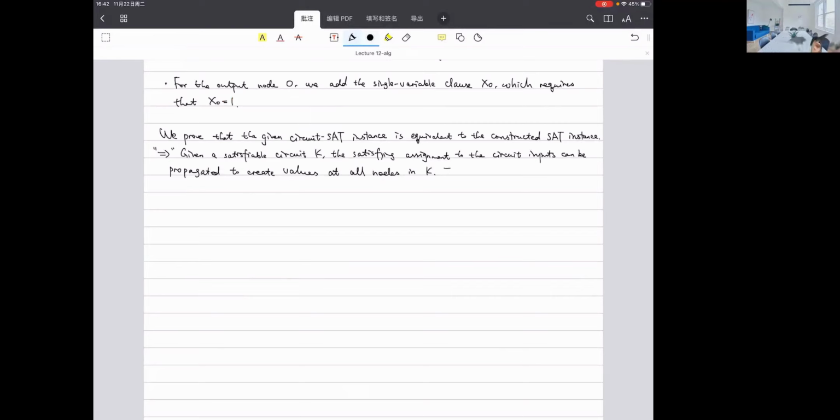And based on the correctness of our construction for the input, for the output, and also for the AND or NOT gates, this is actually a set of values satisfying the constructed SAT instance.